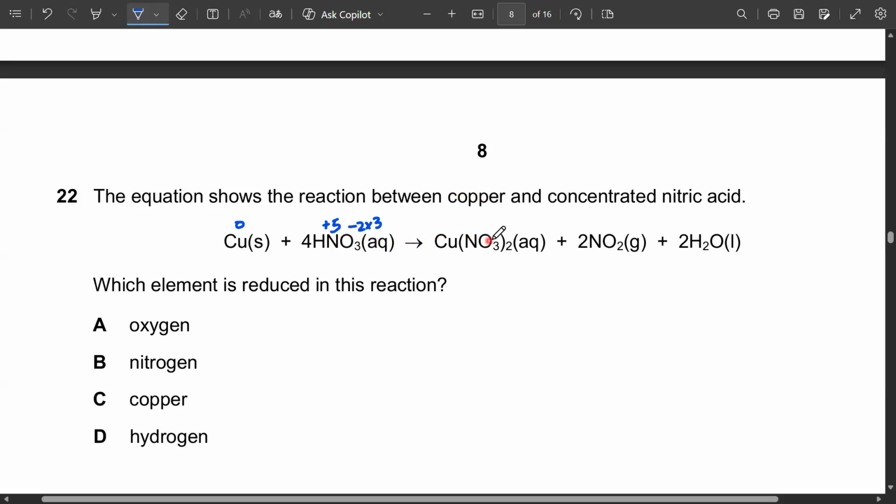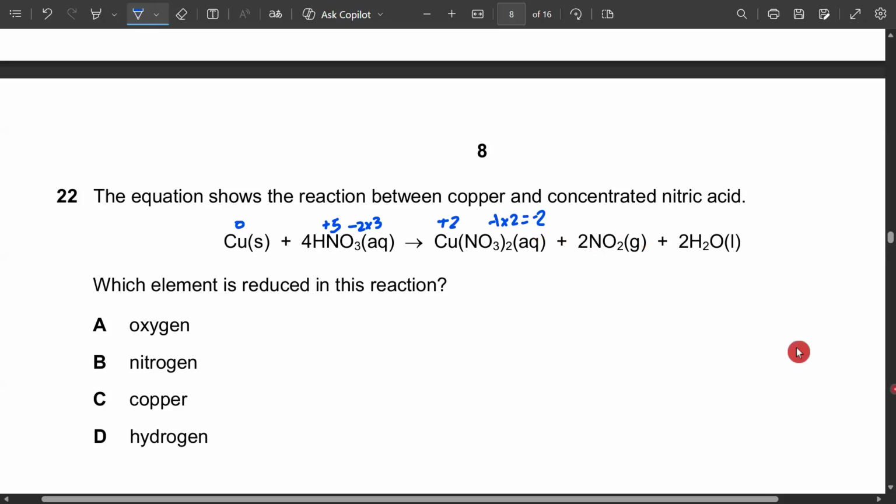Here, the nitrate ion is already there, so there will be no change of the nitrogen oxidation state here. But for copper, we should remember that the nitrate ion overall charge is -1, and there are 2 nitrate ions, so that will give you -2. So to balance -2, the copper would have +2 here. So copper has +2.